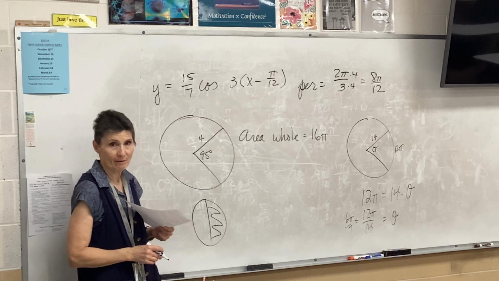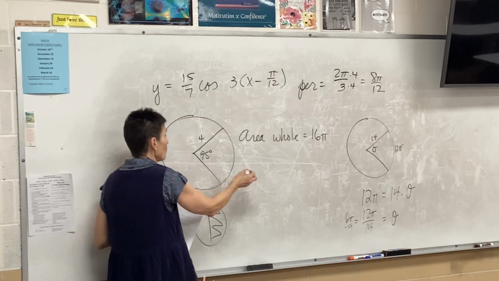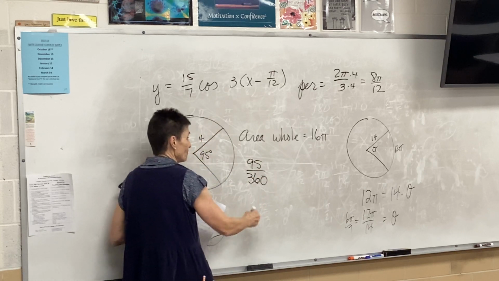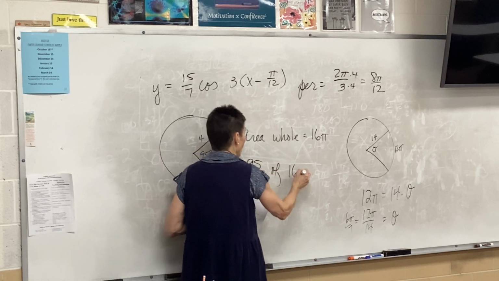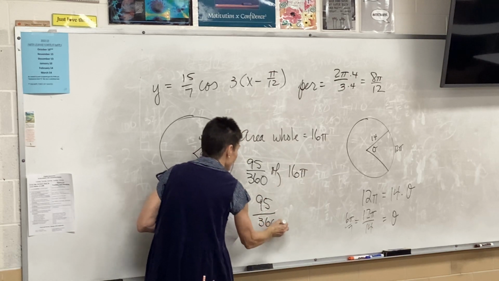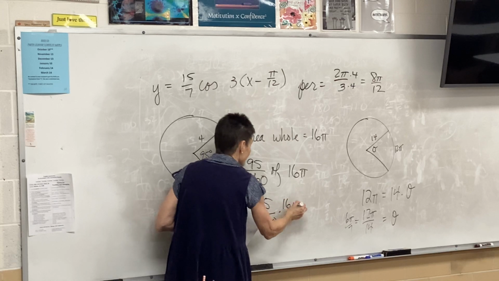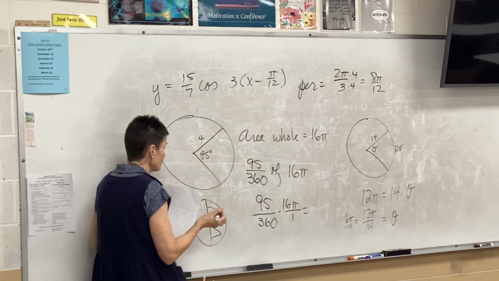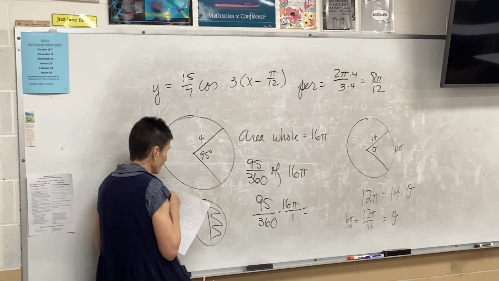I don't want half. The fraction I want is 95/360ths of the whole thing. So I'm going to multiply 95/360ths times 16 pi. And then reduce as I go.